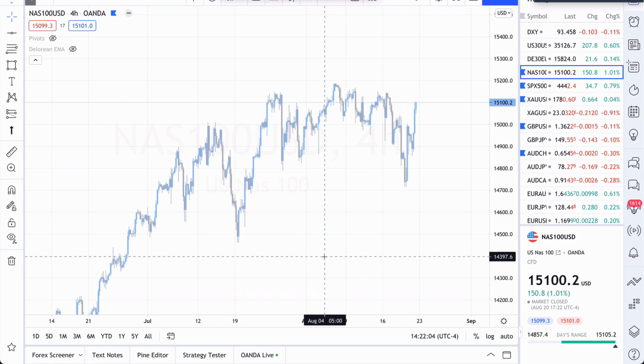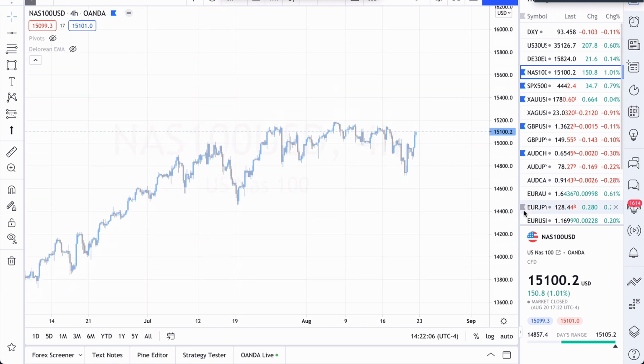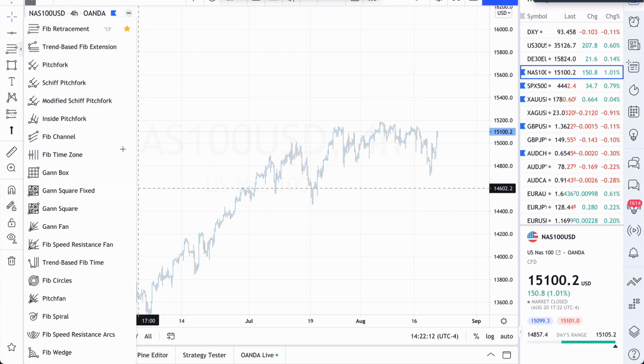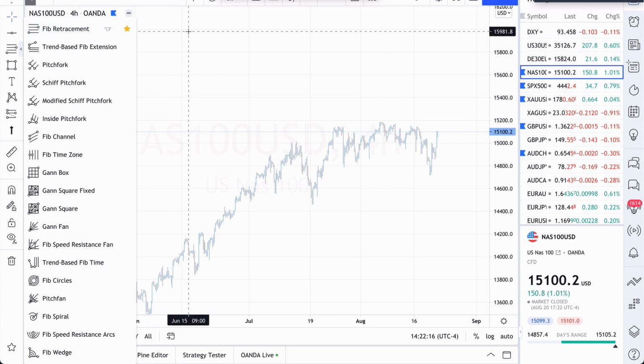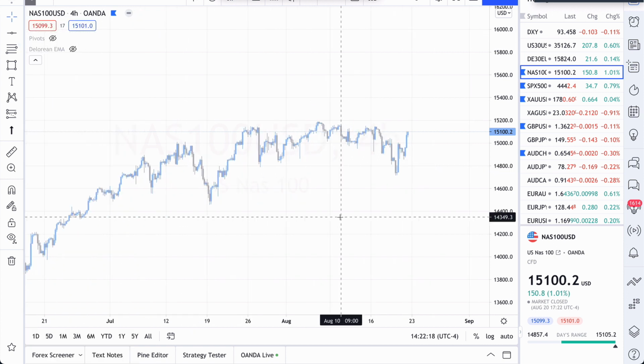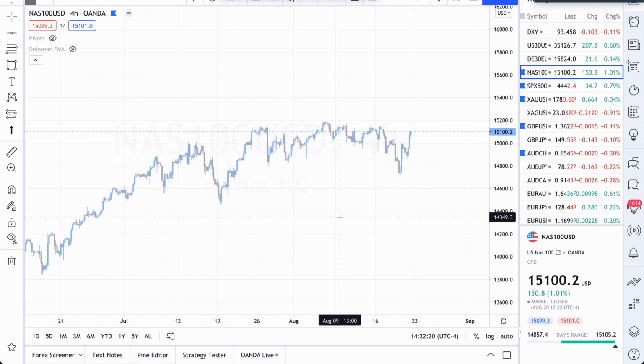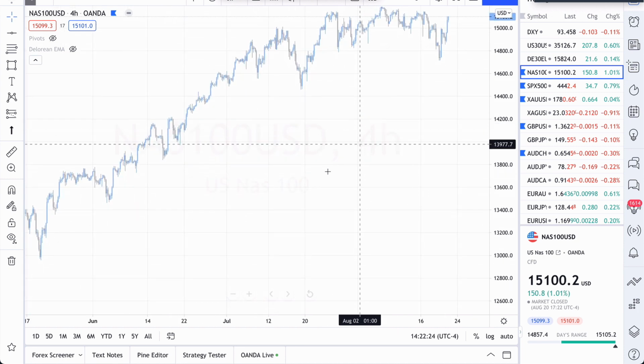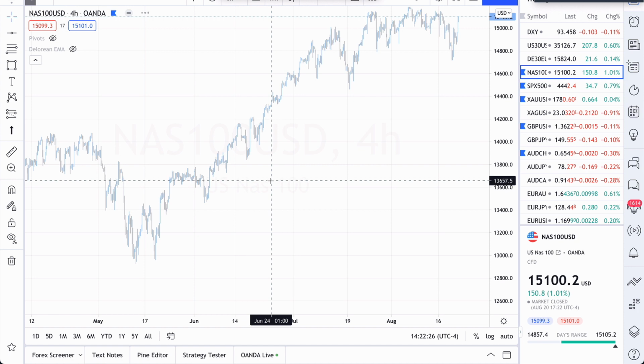So how do I do fibs? By fibs, Fibonacci. So it's the 1, 2, 3rd tool, and then it's the Fibonacci retracement tool. The way I do it, I go from swing low to swing high. What does that mean? All right, watch this.